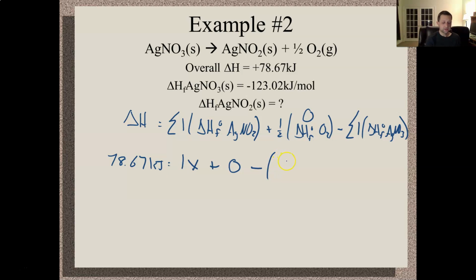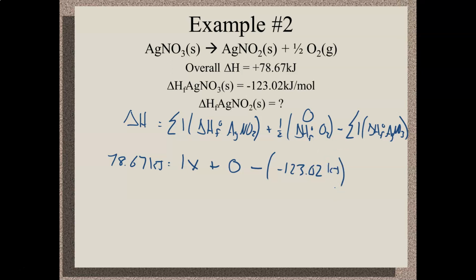So, of course, negative 123.02 kilojoules per mole times 1 is just negative 123.02 kilojoules. Once you guys simplify that, you should get an answer of negative 44.35 kilojoules. And again, that's going to be your enthalpy of formation of AgNO2, which is silver nitrite.